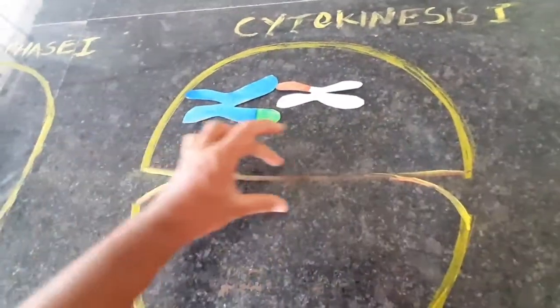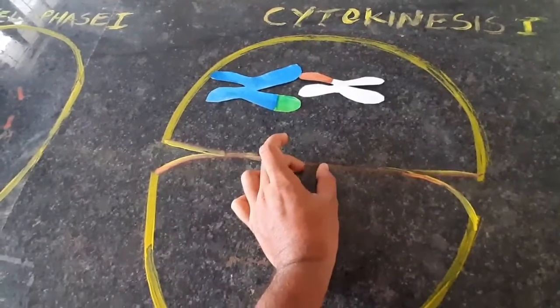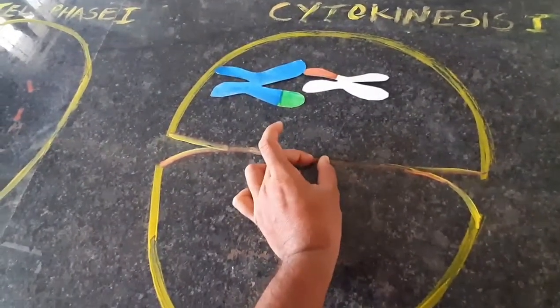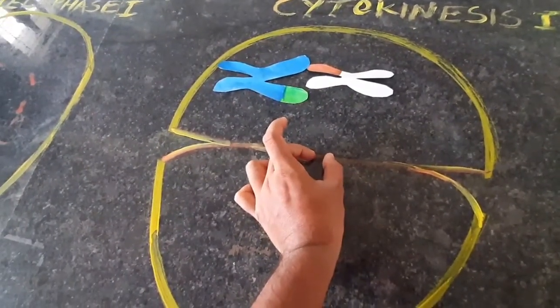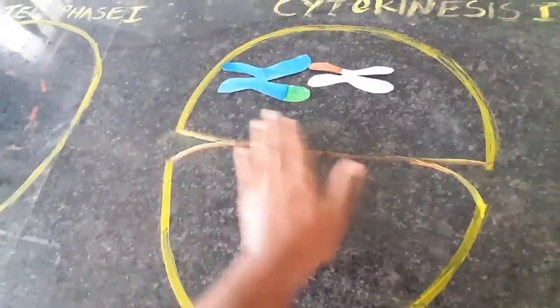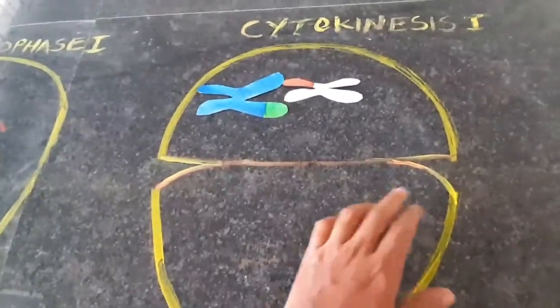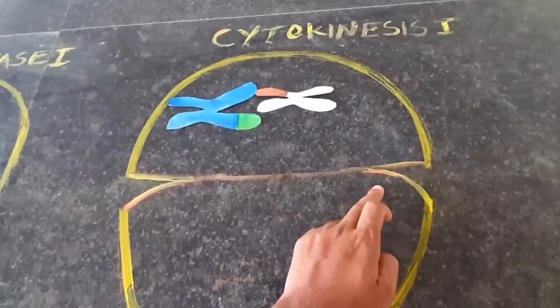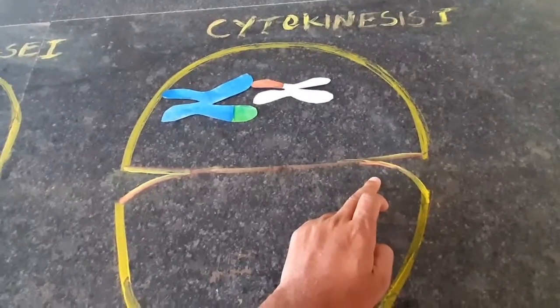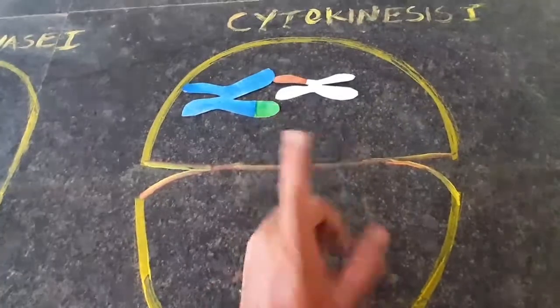The force is centripetal. Got it? Whereas in a plant cell, it is centrifugal. A small middle lamella originates and then it starts moving from the center to the opposite side, exactly towards the periphery of the cell. Got it? So remember it. In animal cells, formation of the cleavage furrow is centripetal, whereas in plant cells, formation of the cell plate is centrifugal. Done, easy.